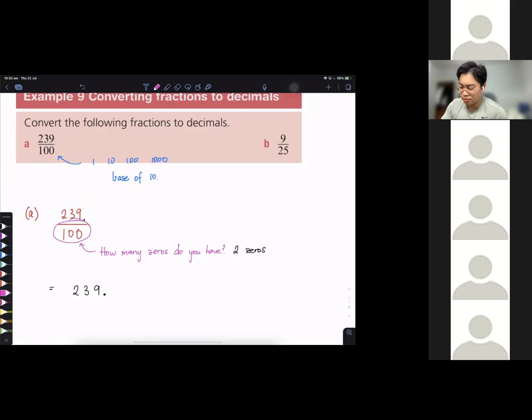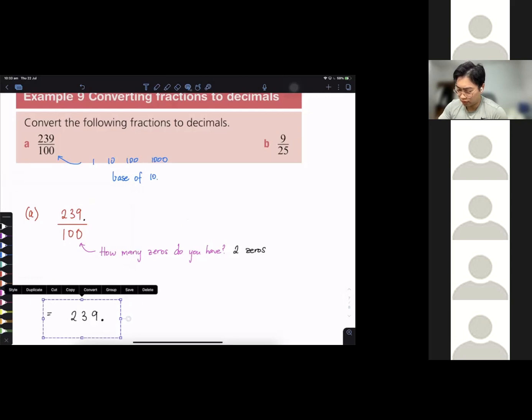So when we divide by 100, this tells us to move it to the left. Let me write a note for this.